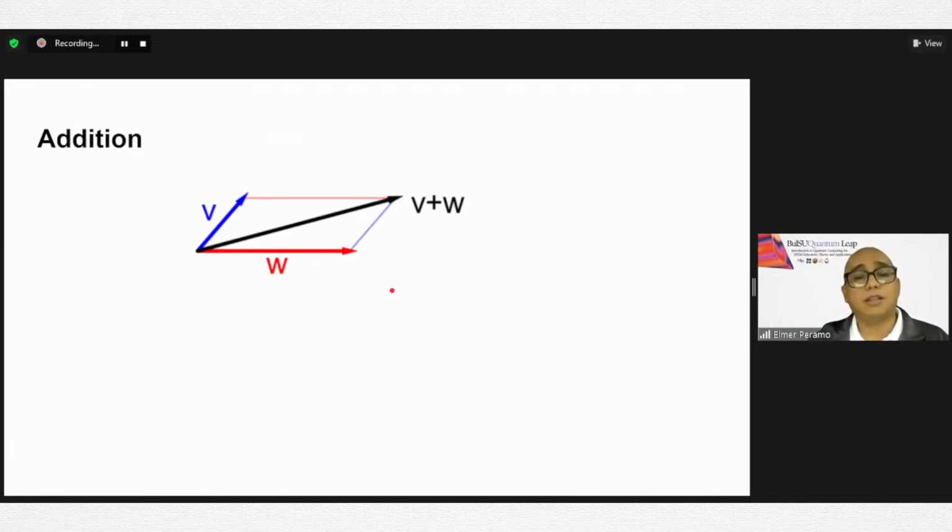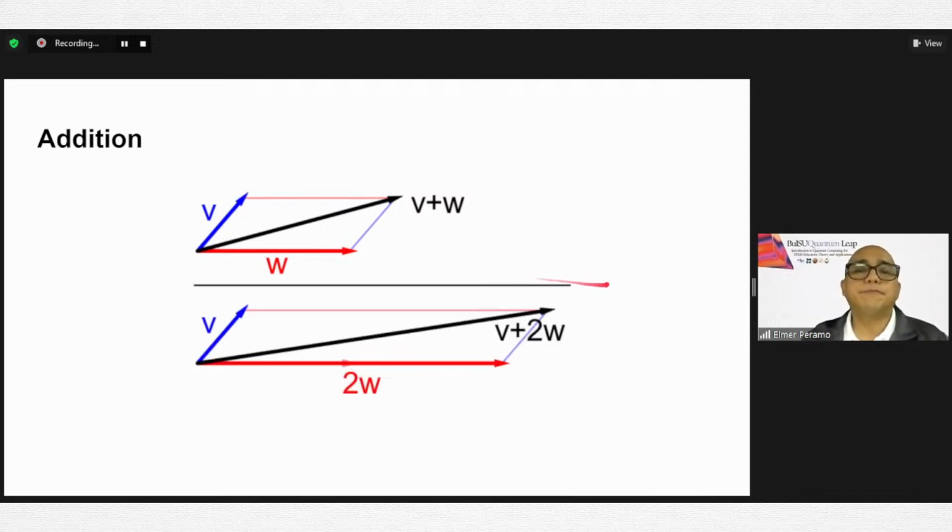When you add them together, geometrically, what you're doing is you're just continuing the tip of the first arrow with the tail of the next arrow, and then you get the length from the origin to the tip of the second complex number.